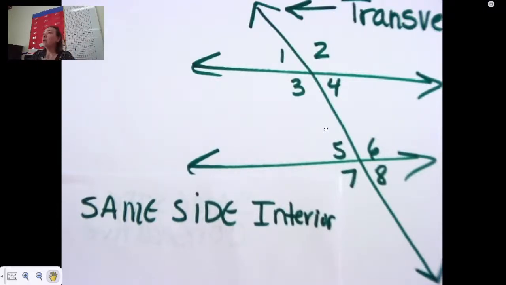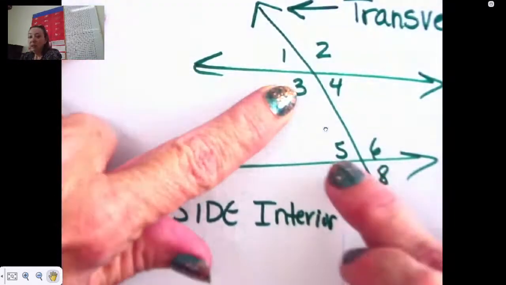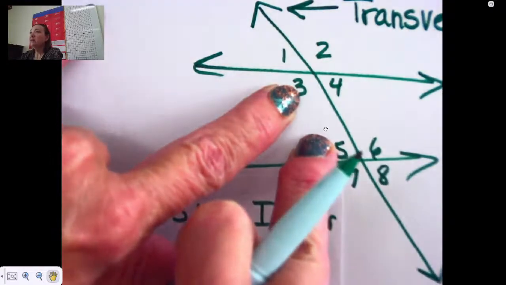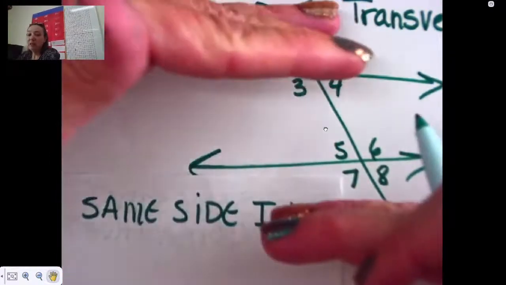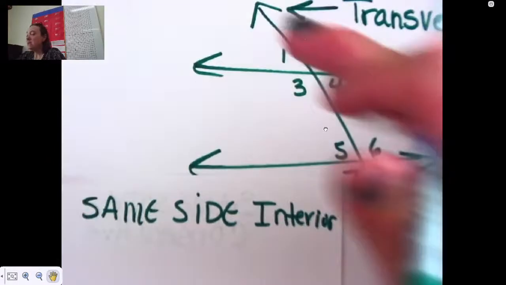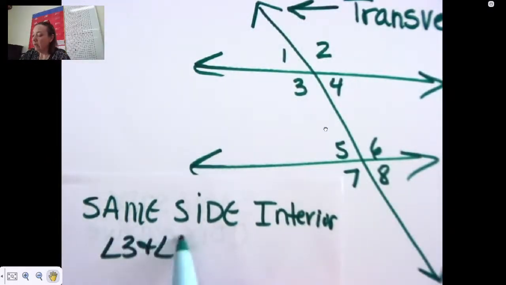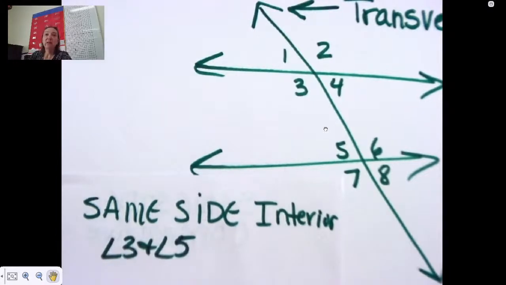Can you name a pair that are on the same side as the transversal, but inside the parallel lines? 3 and 5. Y'all see how 3 and 5 meet that criteria? See how they're inside those two lines, but they're on the same side of that transversal? So angle 3 and angle 5 are same side interior.